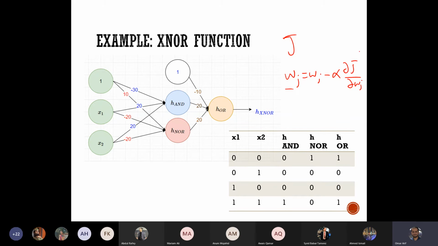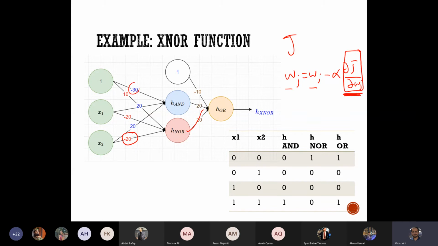The old value wj minus the learning rate times the partial derivative of the cost function with respect to the weight. So now we are going to focus on this one here. How do you compute these derivatives? Because before, we had just one neuron, it was easy to do that. But now, if we want to update this weight, then this weight will depend on this weight as well.